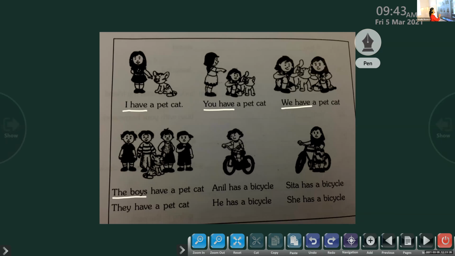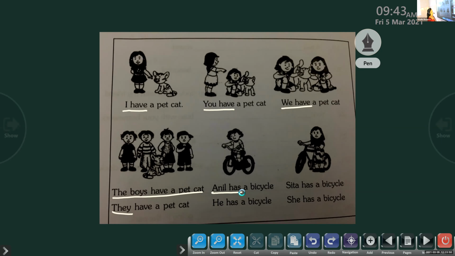The boys have a pet cat. We can use they instead of the boys because we can observe here that there are 4 boys in the image. So we will use the word they for these 4 boys. Anil has. Anil is only one person. So we will use has. What is the pronoun for Anil?